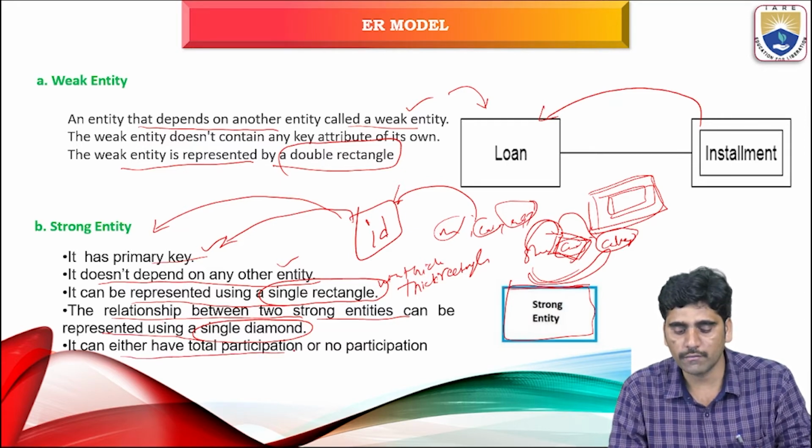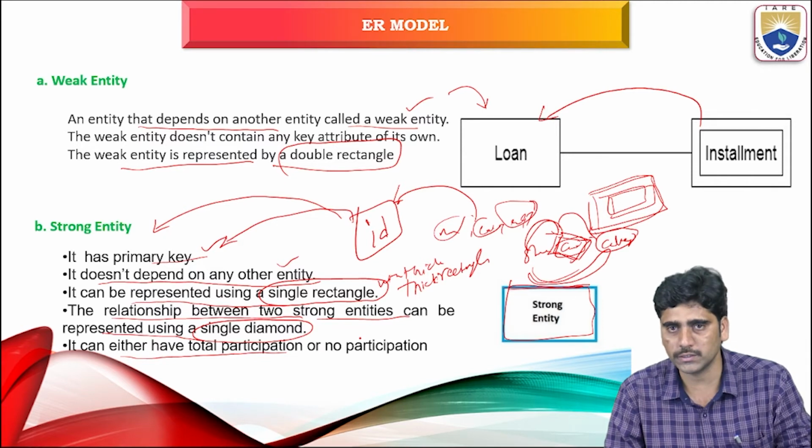It can either have total participation or no participation. A strong entity doesn't necessarily show participation. If it requires, it shows the participation. If it doesn't require, it doesn't show the participation.